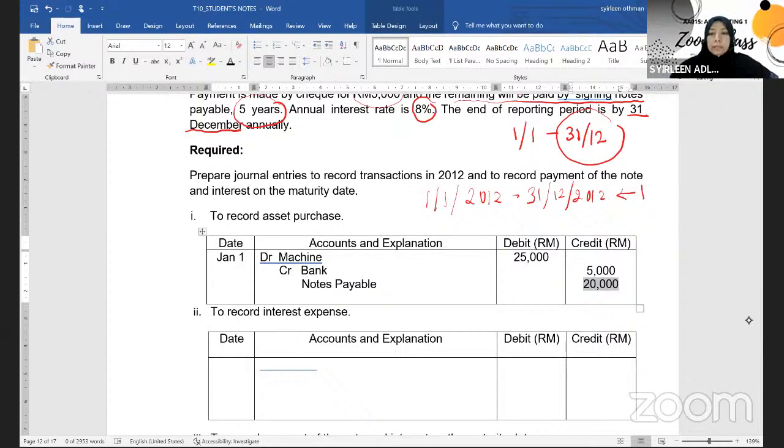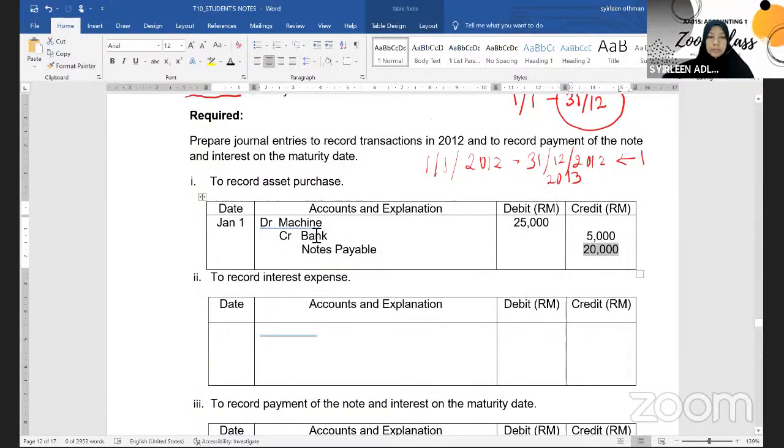So for the next year round, 2013, when you are doing the closing entries, you akan ada another interest expense that you need to recognize for this particular notes payable. Tapi masih juga belum buat bayaran. Alright, so nanti kita akan kira bila kita punya maturity date.